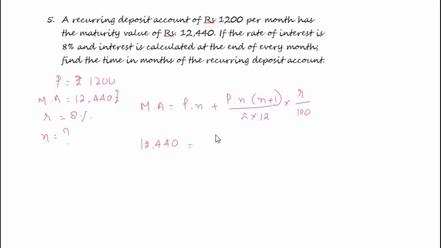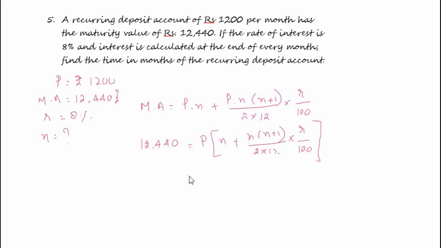Now here I'll take P out. So if I take P out, what is remaining here is N plus N into N plus 1 divided by 2 into 12 into R by 100.